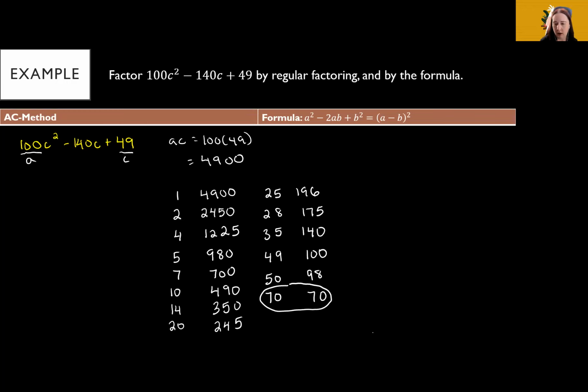So now that we have found our combination, and this did take a while, the AC method has you rewrite your middle term using those two numbers. So you write 100c squared, and then instead of minus 140c, it's going to be minus 70c minus 70c.